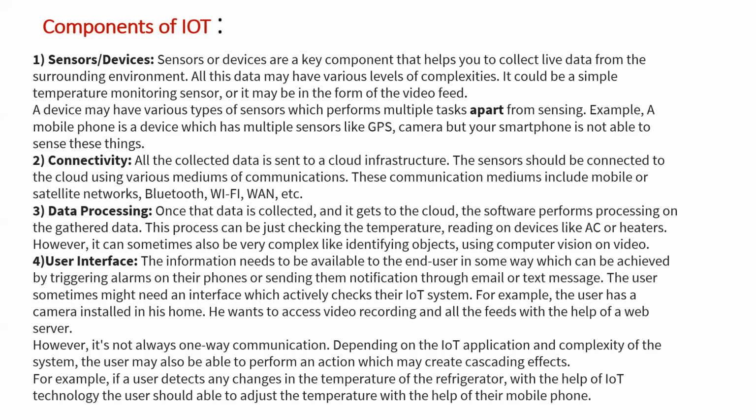Okay, so if you take an example of a mobile phone, then this device has multiple sensors. Like it can have GPS, it can have a camera, but your smartphone is not able to sense these things. But if you are using it as Internet of Things, then you can connect these different sensors like GPS, camera, with each other in order to form a network, which is called an Internet of Things.